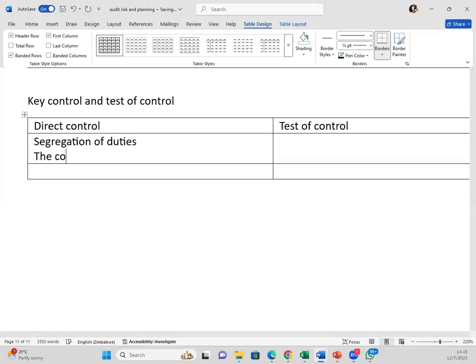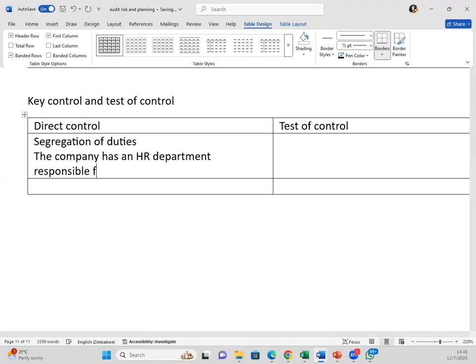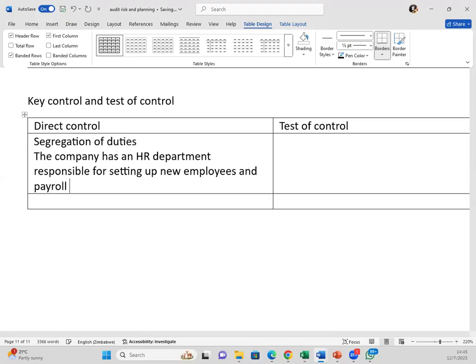The company has an HR department responsible for setting up new employees, and a payroll department for issuing payments.